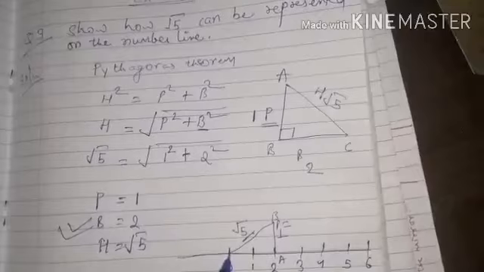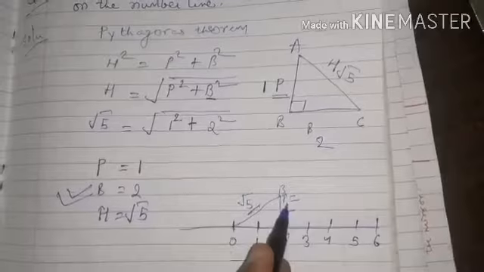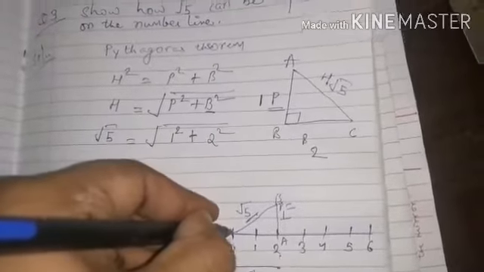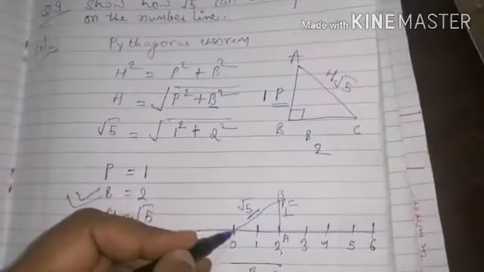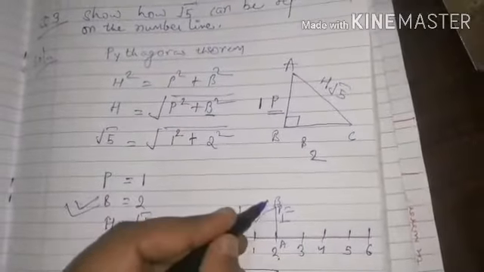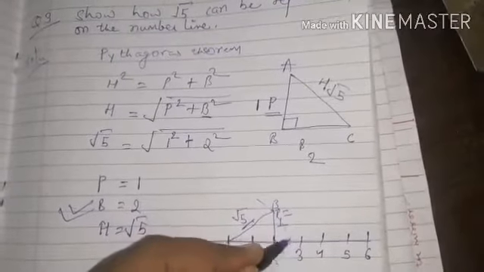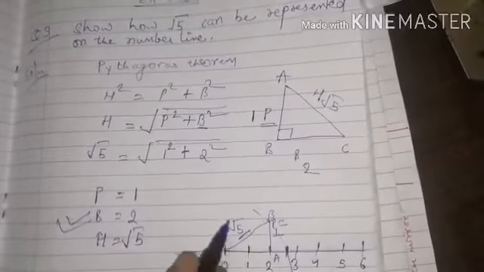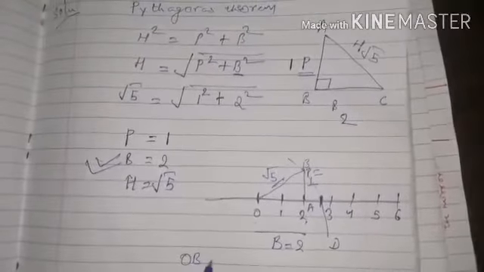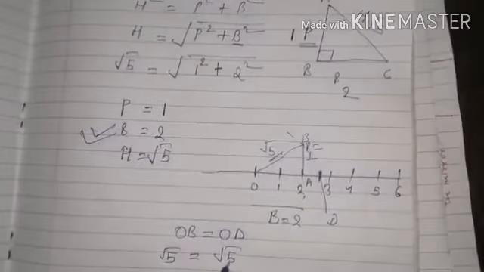And if we have to mark OB on this number line, then we have to take an arc from this point with the help of a divider, taking the measurement of OB, and we have to cut an arc here such that it will touch the number line somewhere here, and we can plot this point as D. And OB will be equal to OD, because if OB equals root 5, then OD equals root 5.